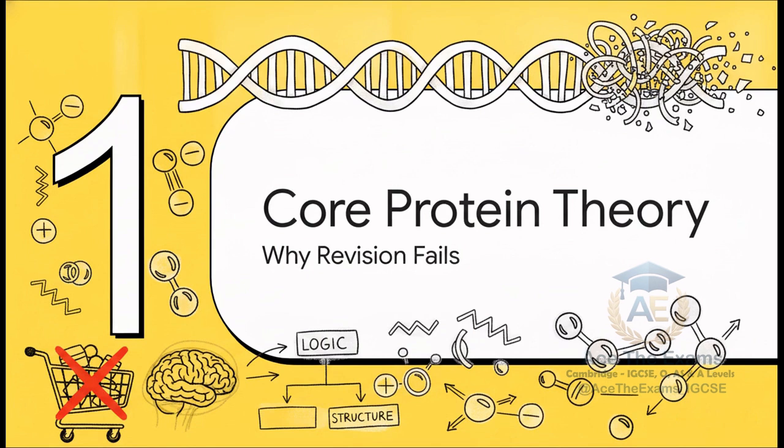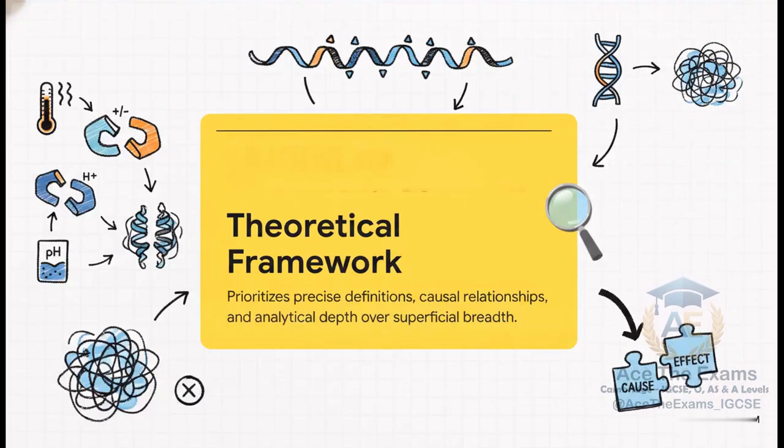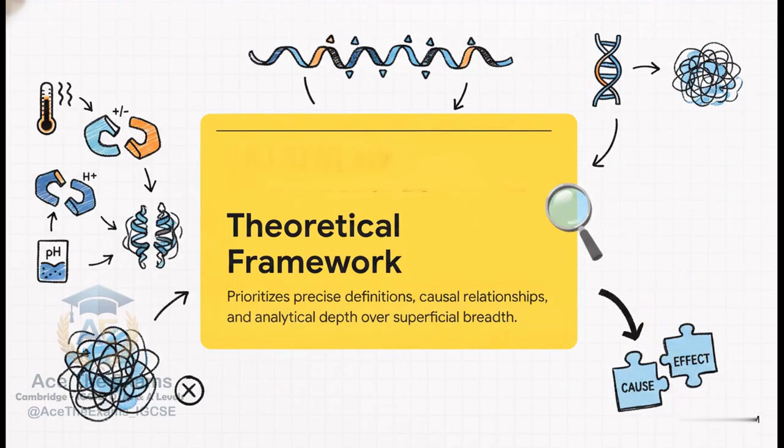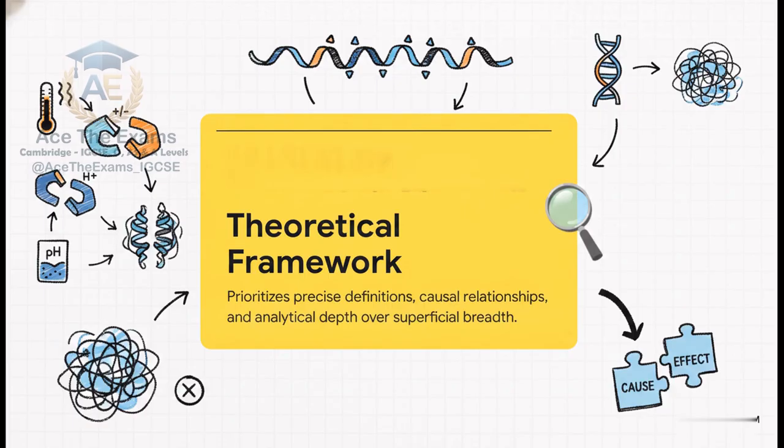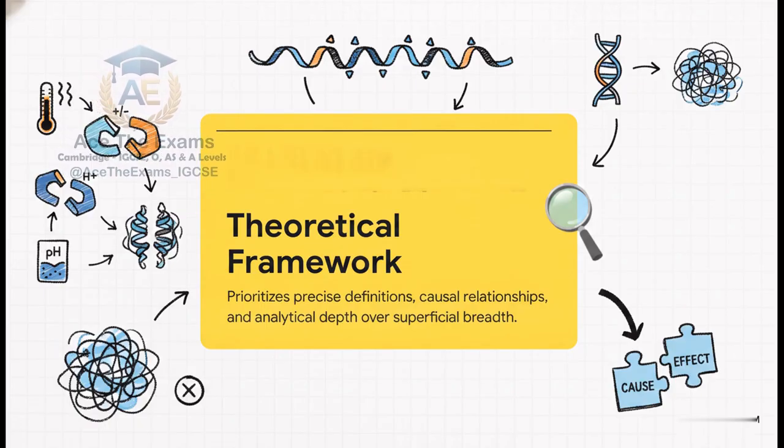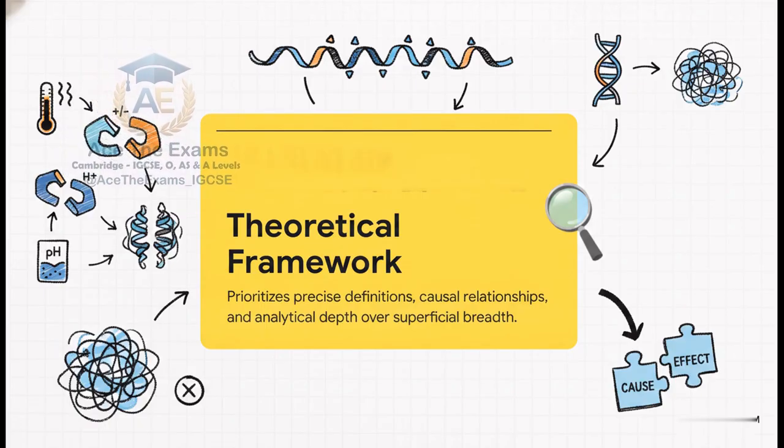Moving into Section 1, Core Protein Structure Theory, and exactly why ordinary revision fails you here. Listen, simply memorizing textbook facts is a recipe for disaster. You could know every single bond, disulfide, ionic, hydrogen, hydrophobic interactions, the whole shebang. But if you just list them off like a grocery list, you're gonna lose points.